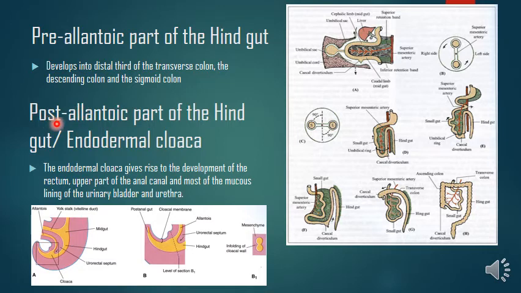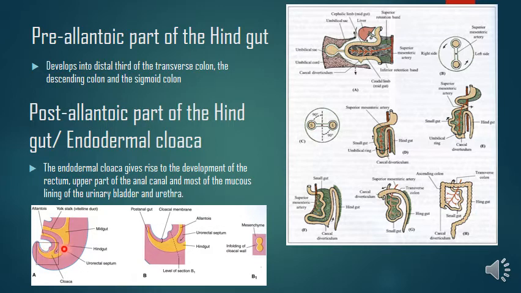Then coming to the post-allantoic part of the hindgut or the endodermal cloaca. The endodermal cloaca gives rise to the development of the rectum, upper part of the anal canal, and most of the mucous lining of the urinary bladder and urethra. So the post-allantoic part, also called the endodermal cloaca, is this portion, right? This is the allantois here. So this one becomes the post-allantoic part.